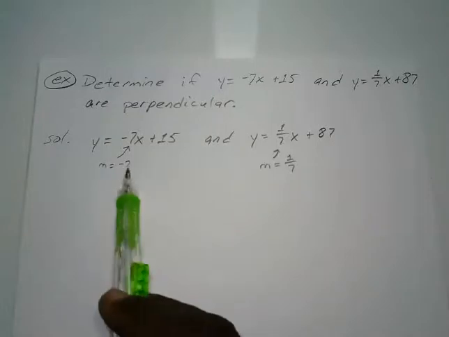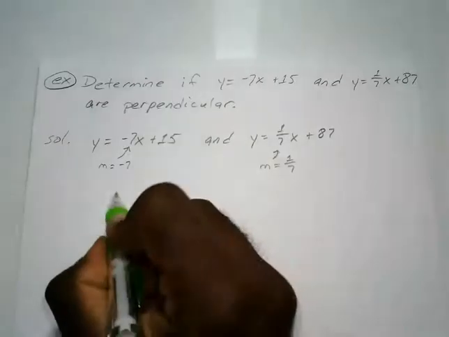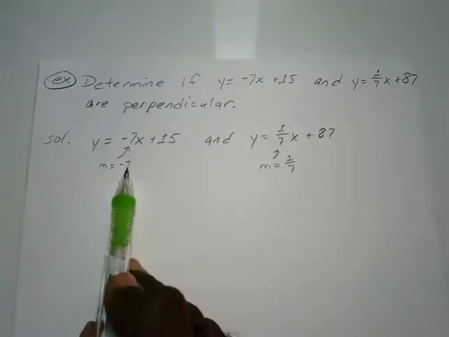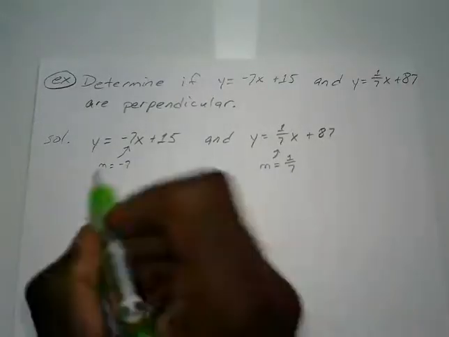Okay, so we can see here one's negative and one's positive. We can also see their reciprocals. You have 7, which is 7 over 1, and you have 1 over 7.